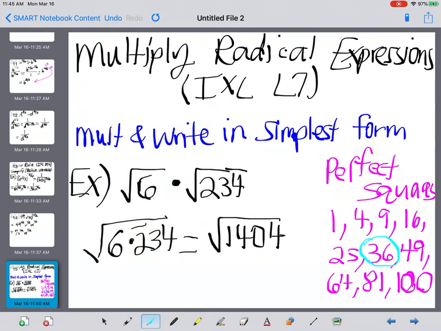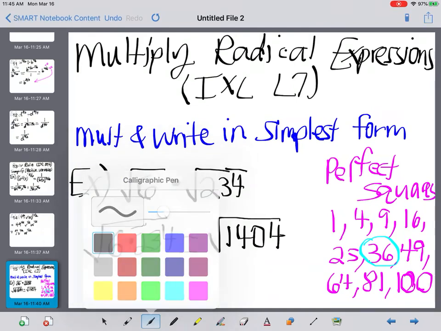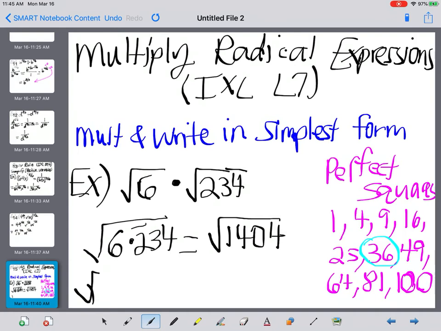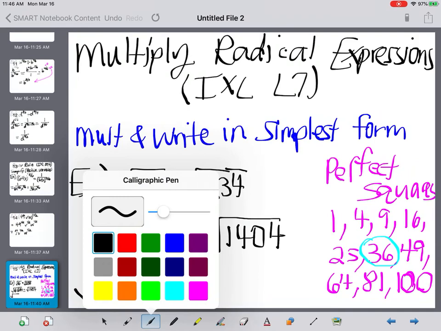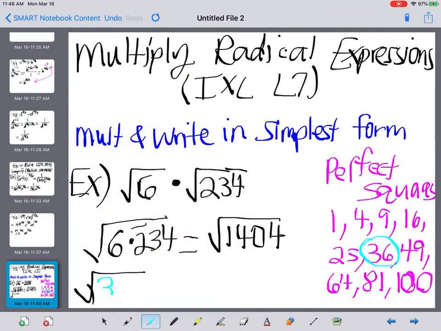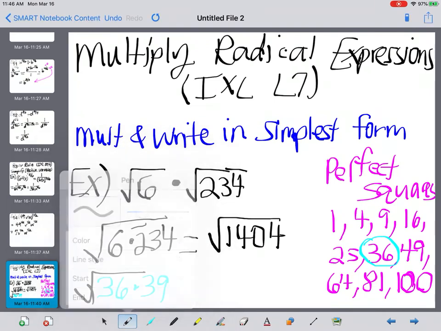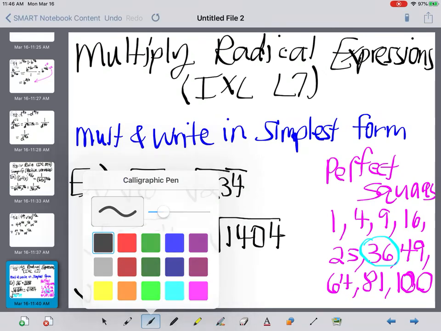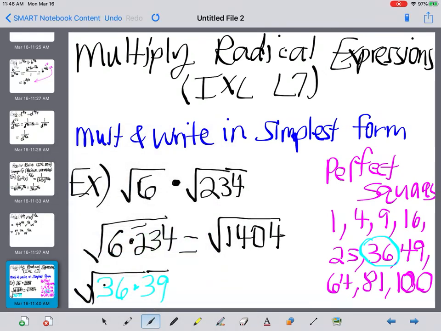So I'm going to circle that. And so when I break that down, it's going to be the square root of 36 times 39. And since 36 is a perfect square, I'm going to circle it because that tells me it's going to come out.